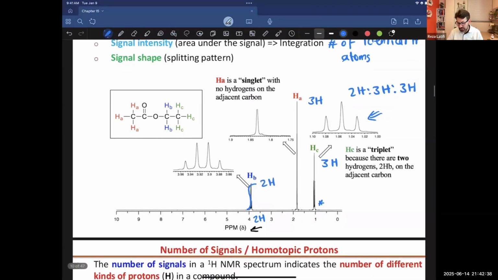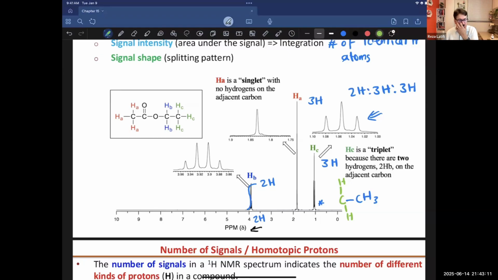This tells me that I have a CH, which H? 1, 2, 3. It's 3 hydrogens, so we're talking about CH3 attached to a neighbor carbon that has 2 hydrogen atoms attached to it. So the splitting, or the shape of the peak, gives you an idea about your neighbor, and through that we can get the way atoms are attached to each other.